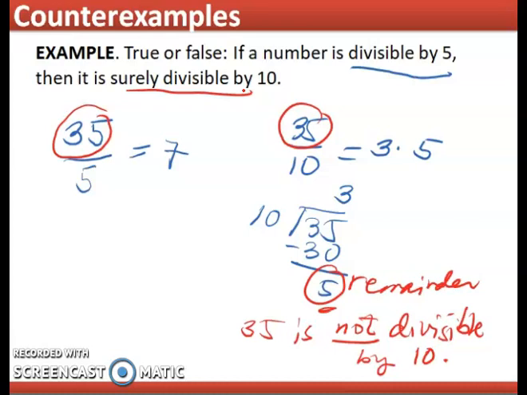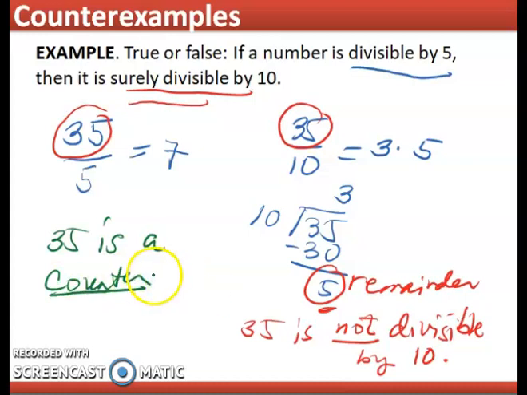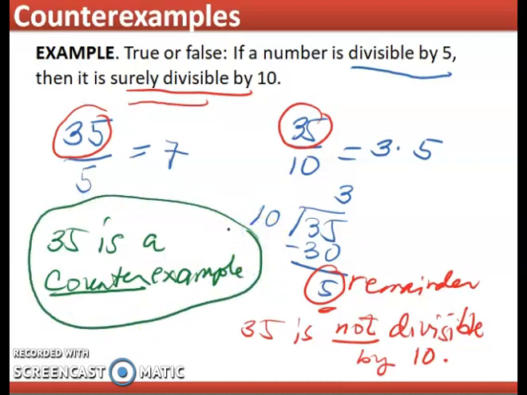It doesn't mean that when a number is divisible by 5, then that number is divisible by 10. So our number 35 here is called a counterexample. Alright? So 35 is a counterexample.